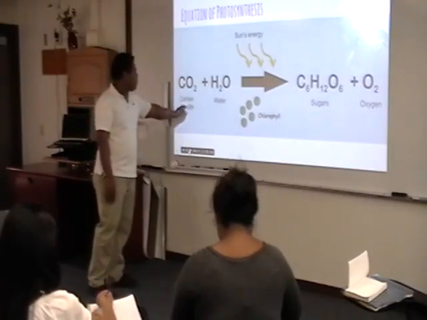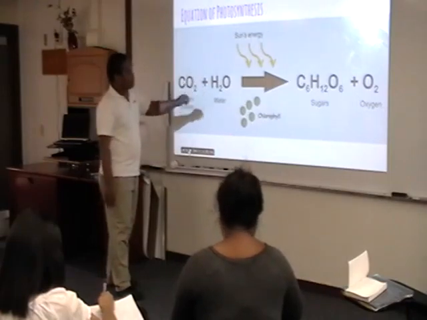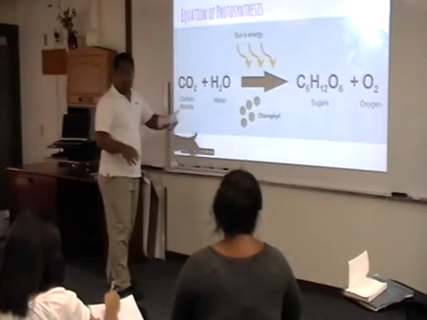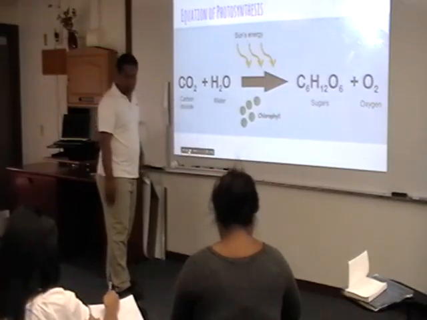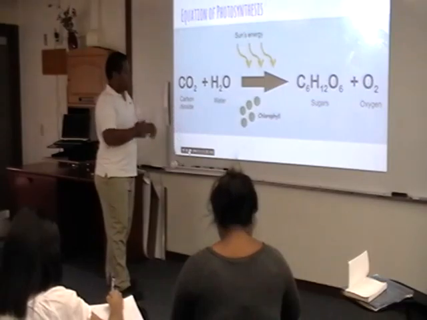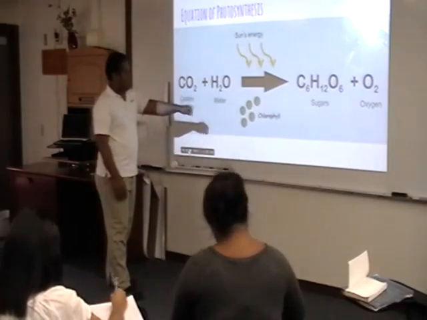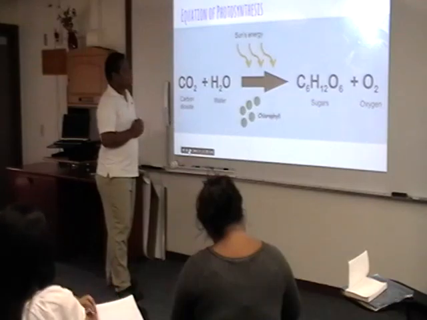Again, carbon dioxide with water and the light. It happens inside the leaf, in a part of the leaf they call chlorophyll. They all get together and perform the process, which is photosynthesis.